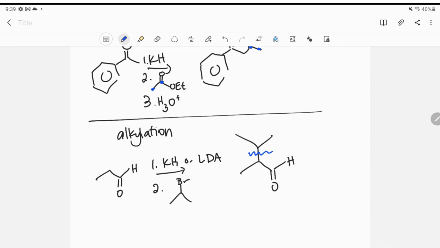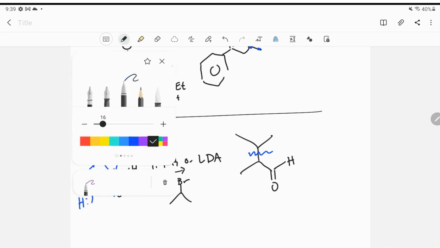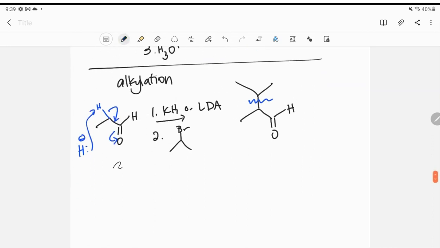And it's much the same. Our nucleophile will be our enolate. Actually, I don't know why I put an equilibrium. That's definitely not, because remember, we're producing H2.